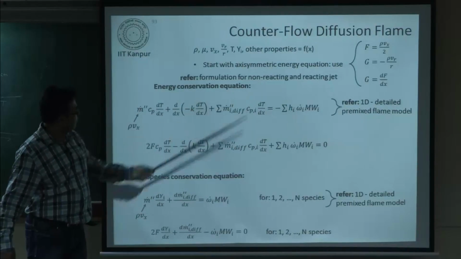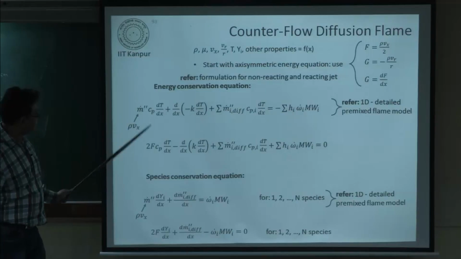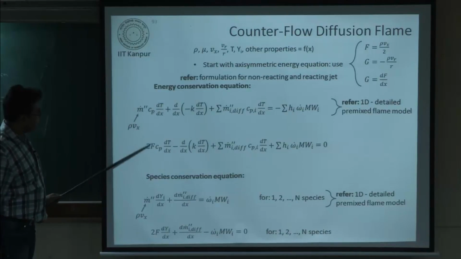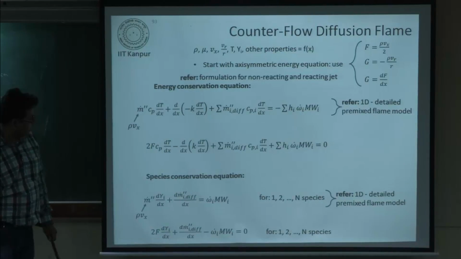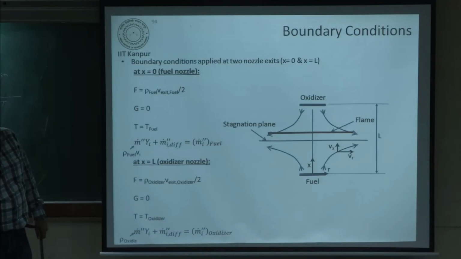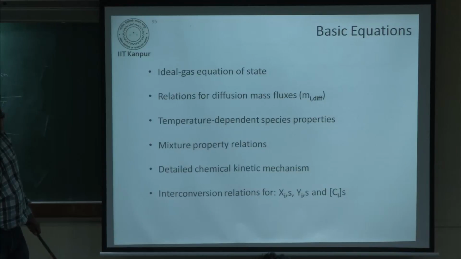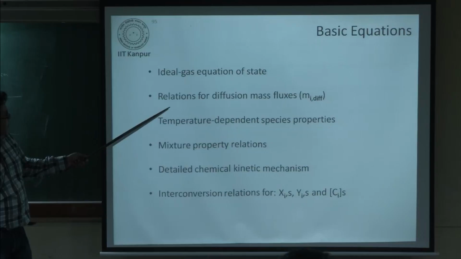So we have some variables, and you can solve these equations now. These are the resulting energy equation and species conservation equation, and with proper boundary conditions you can solve them. These are the ideal gas equation and the relationship for diffusion mass fluxes, and all this.